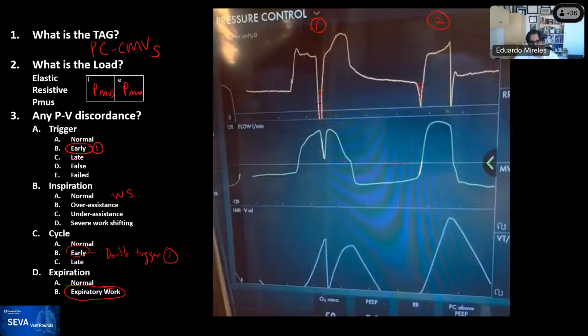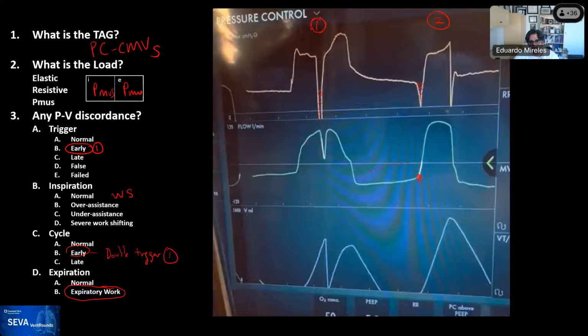And so this patient generated a lot of inspiratory effort rapidly. It went from exhalation to inspiration very rapidly, and it generated a drop. And the ventilator tried to pressurize. It triggered, actually, if you notice, it triggered from down here. The machine detected the changing flow, and it triggered as early as it could because it's flow triggered.